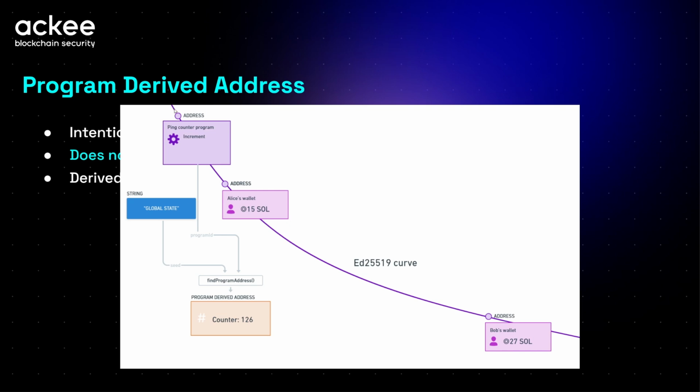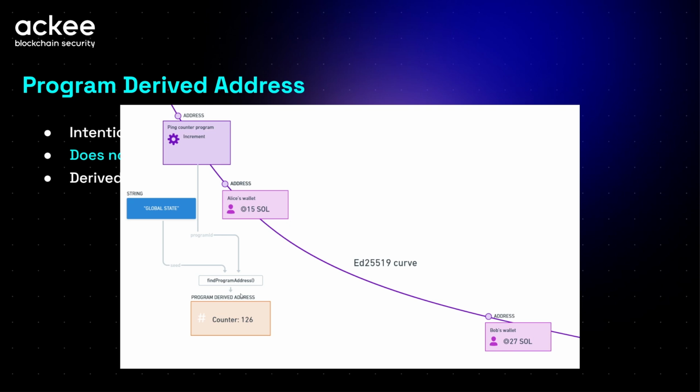So you can see here is the curve and the PDA account lands somewhere else. And within the account we have stored value 126.